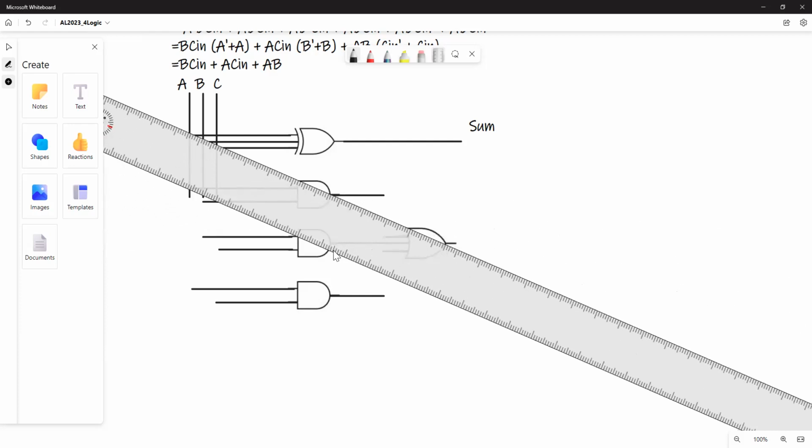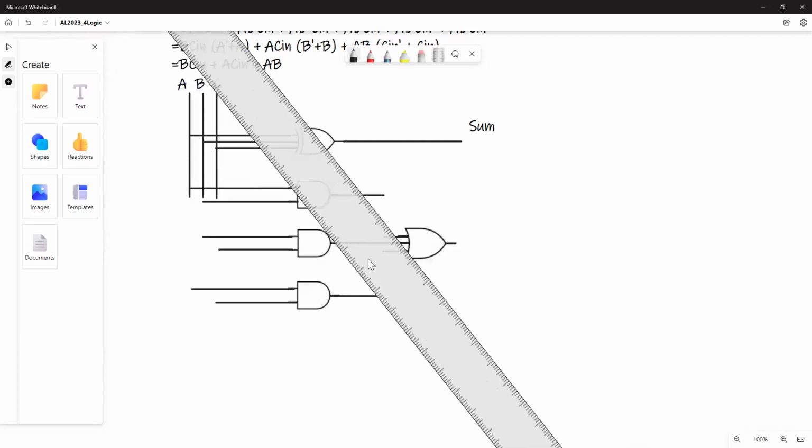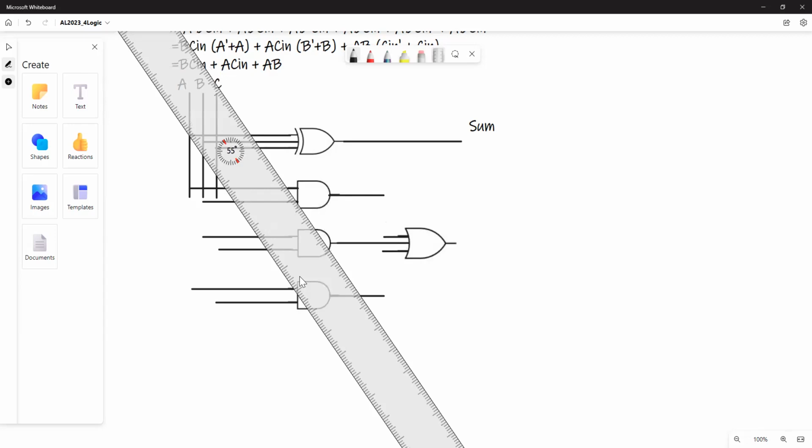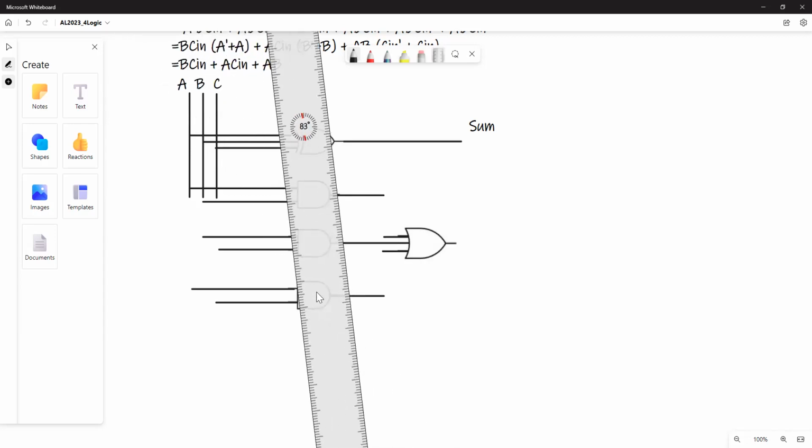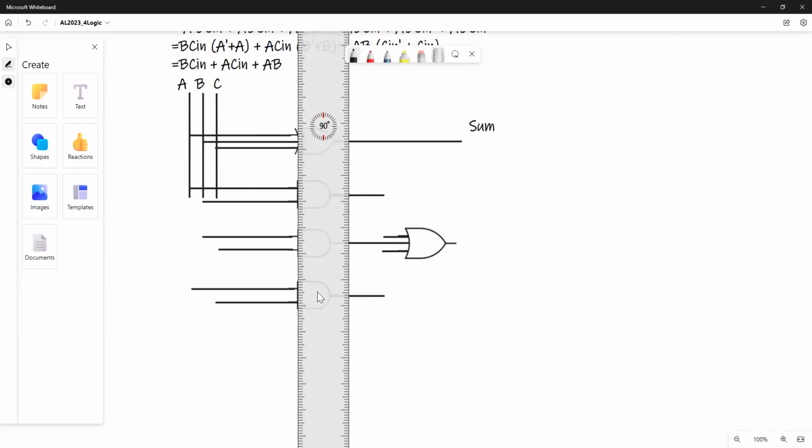Right. Now almost done. We'll do the final connections.